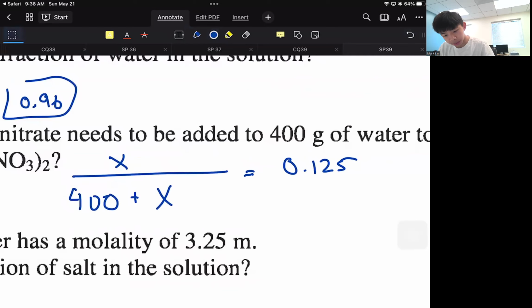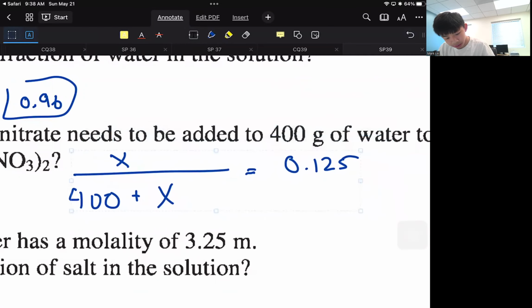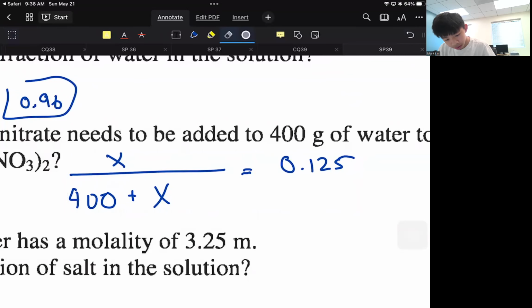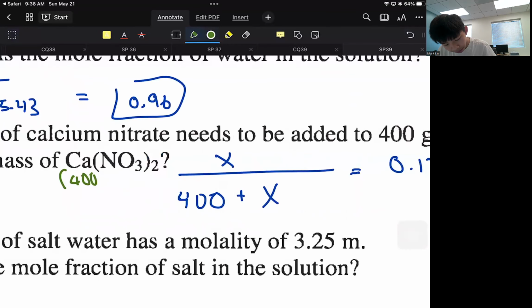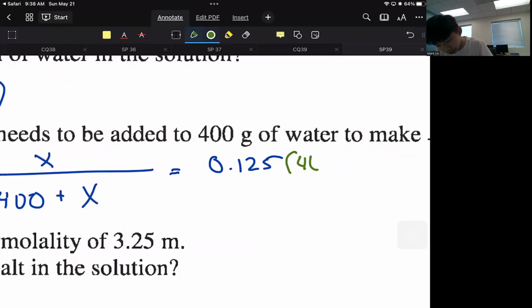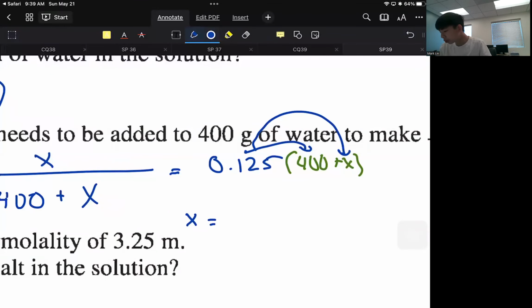To do this math problem, you multiply both sides by 400 plus X. You distribute: 400 times 0.125 is 50, and 0.125 times X is 0.125X.